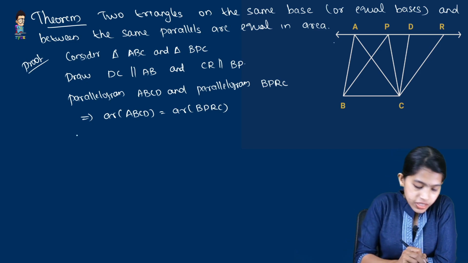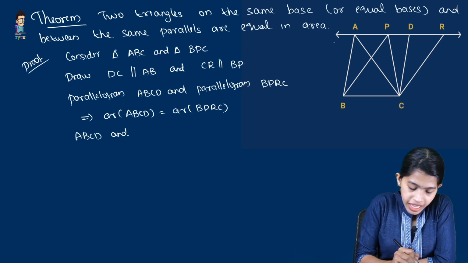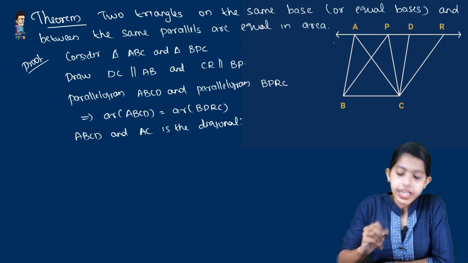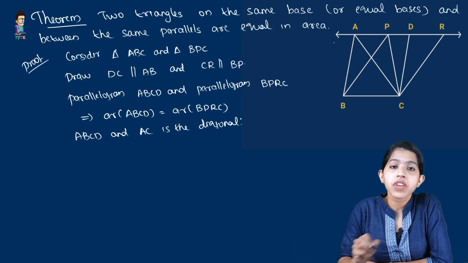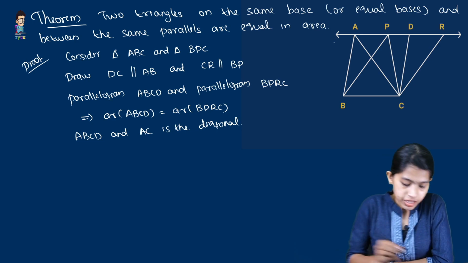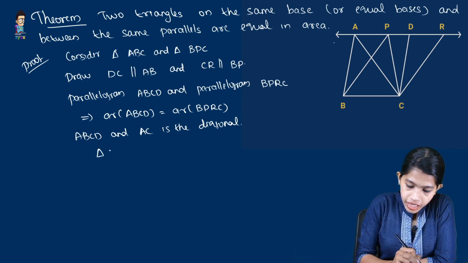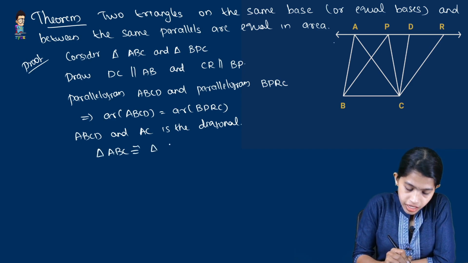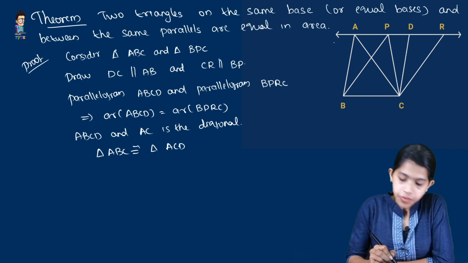Now consider the parallelogram ABCD and AC is the diagonal. Then diagonal of the parallelogram divides the parallelogram into two congruent triangles. That is, triangle ABC is congruent to triangle ACD.